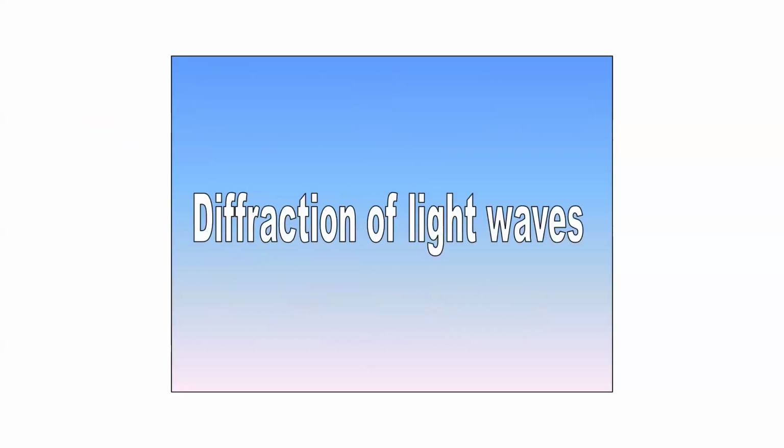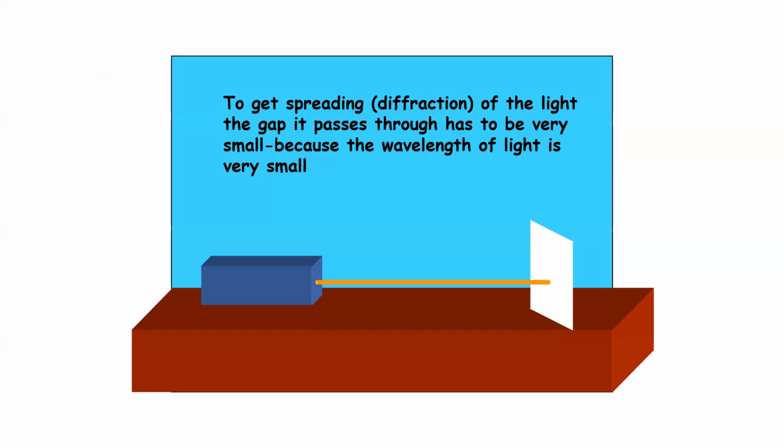Diffraction happens for light as well. For example, if this represents a laser which strikes the screen, and we place an object or a slit whose gap is the same as the wavelength of the wave, then we observe diffraction.